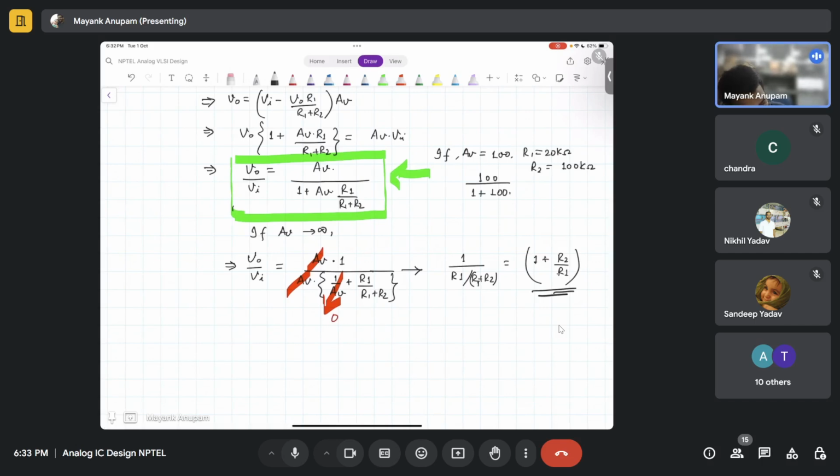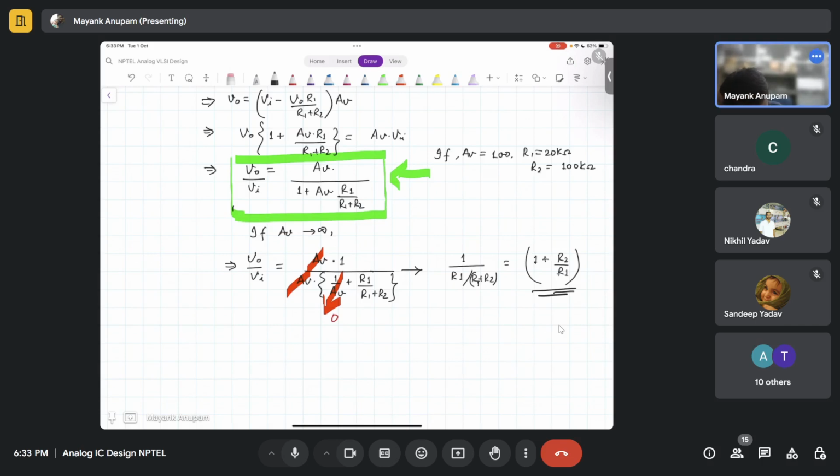It is not that interesting in this manner, so let's do some transformation here. Divide by R1 by R1 plus R2 on top and bottom.